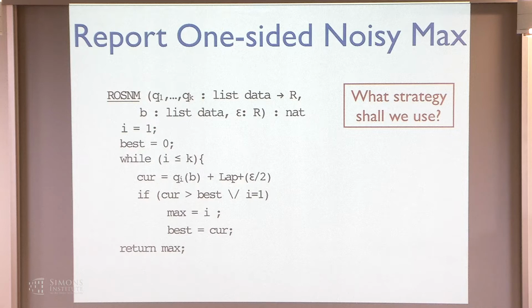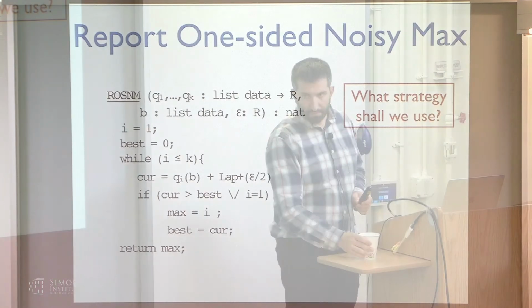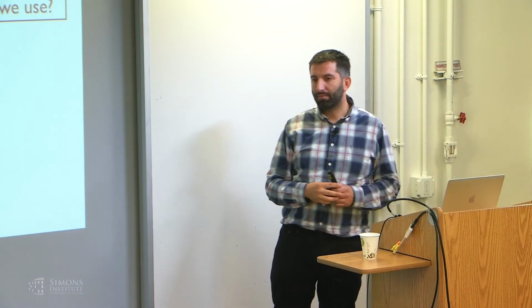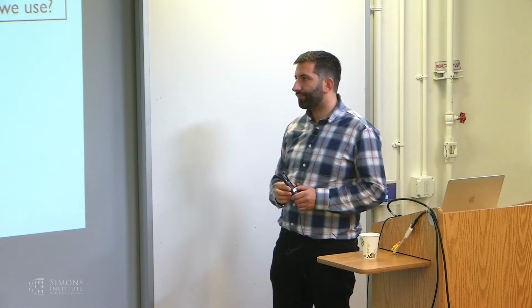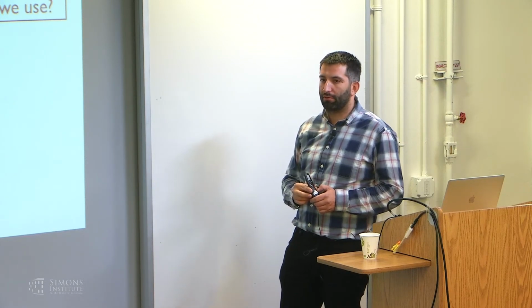Adam, you have a question? I was wondering if it changes anything, or makes it easier or harder, if you just consider two separate things: one where you add noise to all the scores and then go through.